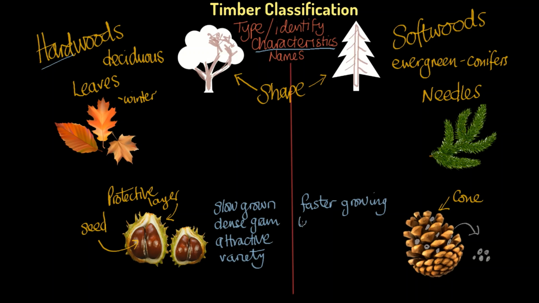This makes the grain less dense and easier to cut, which again causes us some problems with this classification. It's attractive, but it has less variety of grain. So if you've seen one pine, you've probably seen them all.